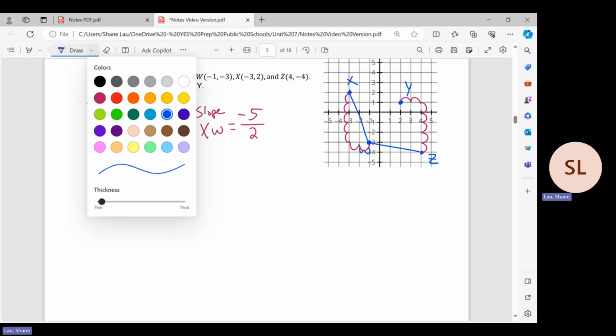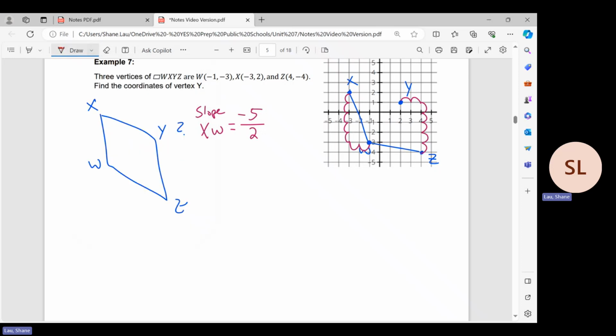But if that doesn't make sense to you, or if you're skeptical of that being the answer, then do it the other way around as well. What I mean by that is find the slope of wz, then you can find the slope of xy. So if the slope of wz, I'm going to find my rise over run. I went down 1 unit, so we already have a -1. Then 1, 2, 3, 4, 5 units to the right.